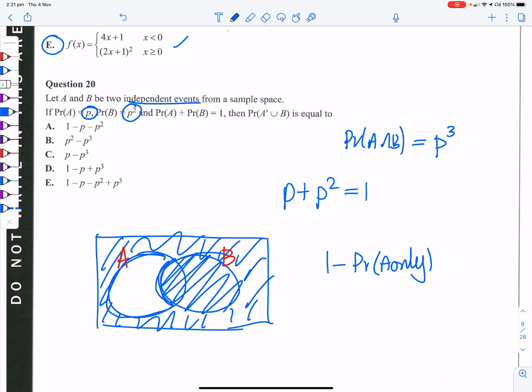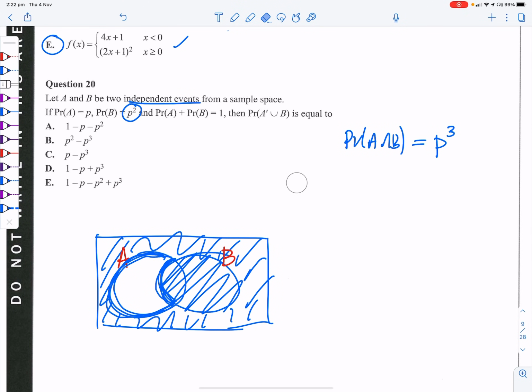So we know it's 1 minus that. So what am I thinking? 1 minus A only.